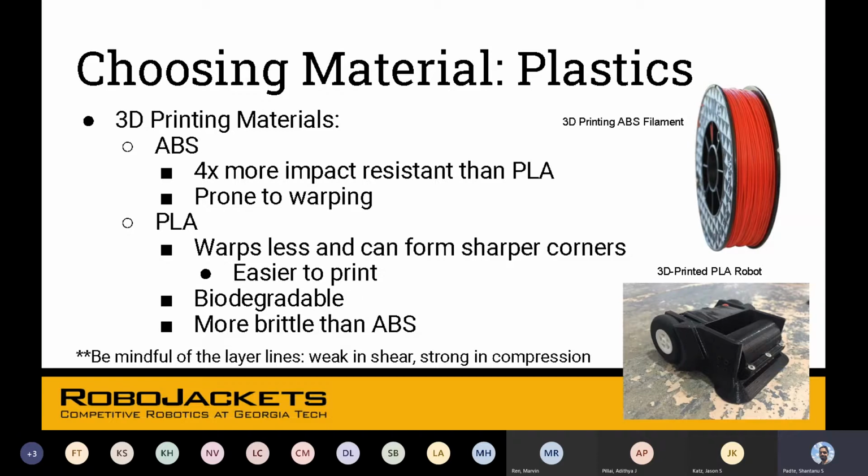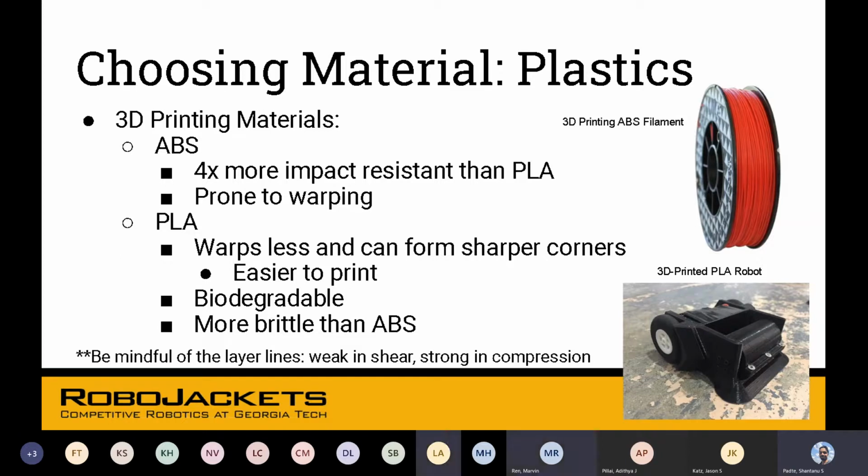You create a prototype to see if the part will fit, if you need to adjust your tolerances or something. It's your rough draft. And of course, if it's plastic, it's going to be a lot more brittle in comparison to other materials.